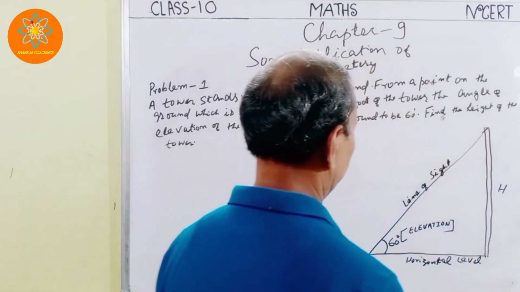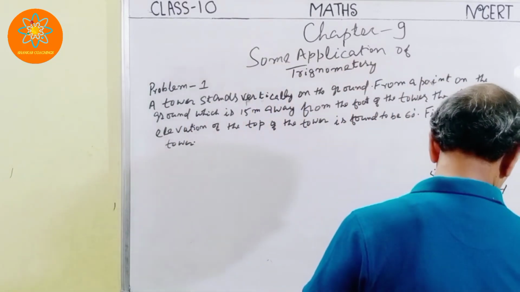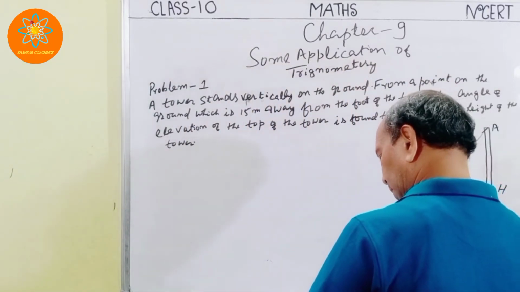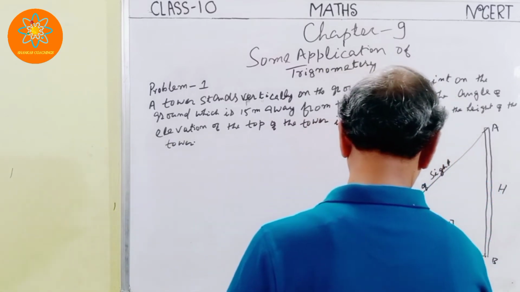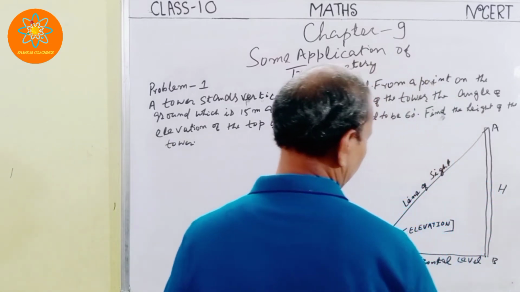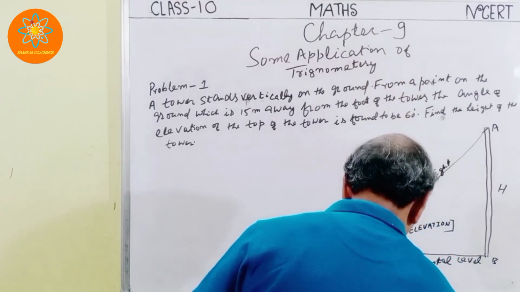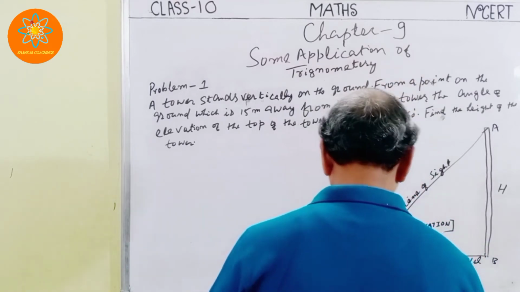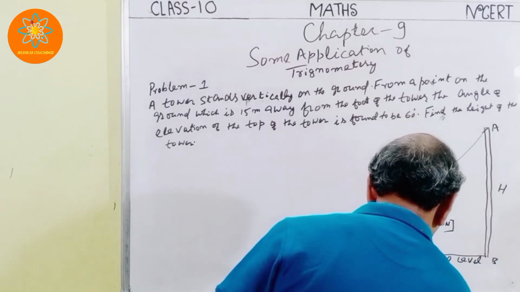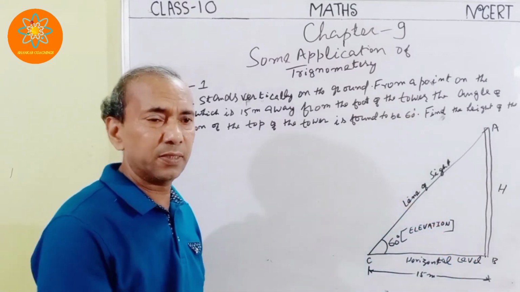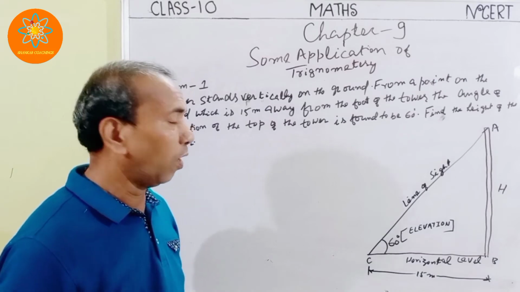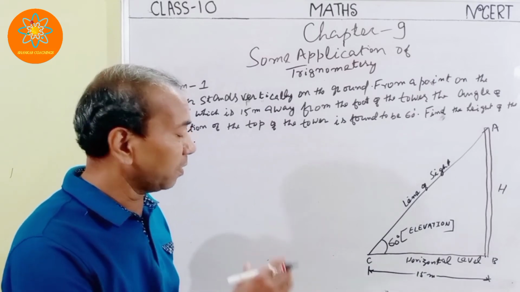Okay, this point is your B, AB. And let's suppose this point is your C. Now, this value is given how much? 15 meter. Now, whenever we are seeing such type of problem, always remember there must be some right angle triangle.